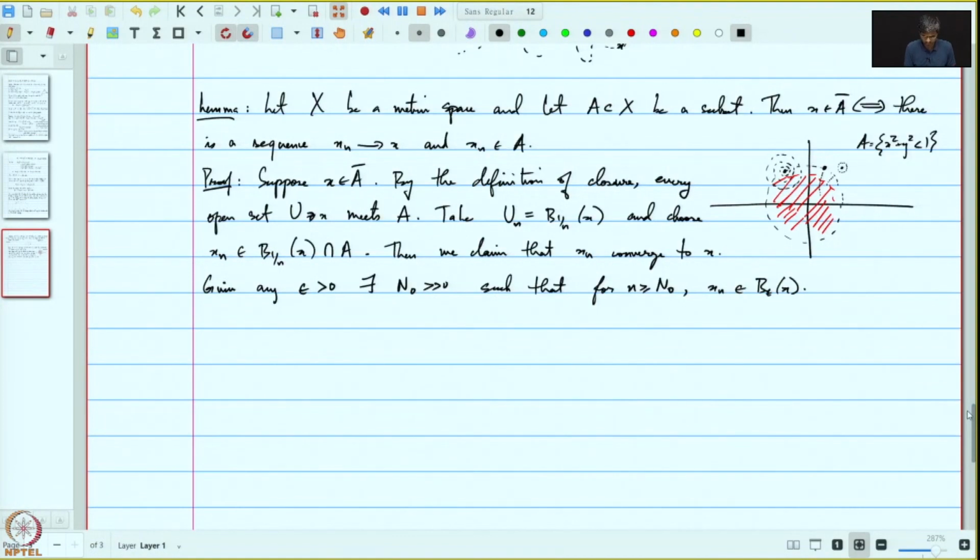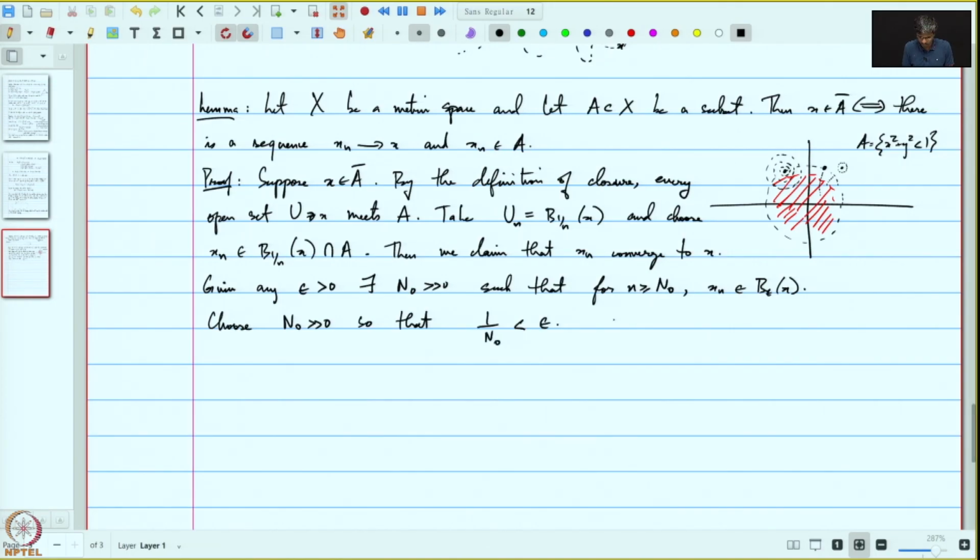So let us show this. We can choose n naught sufficiently large so that 1/n naught is strictly less than epsilon.